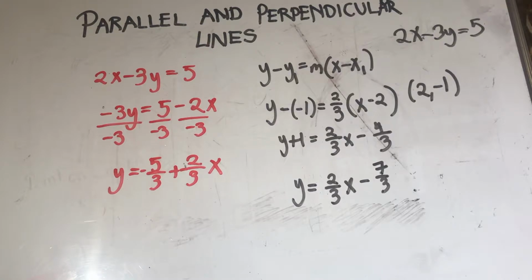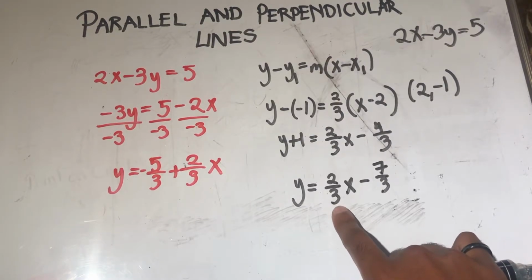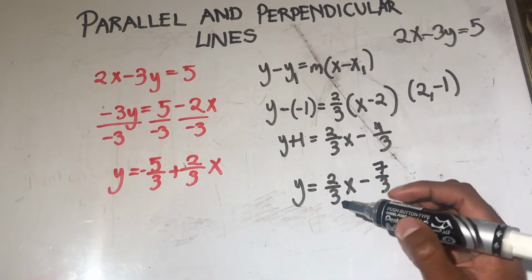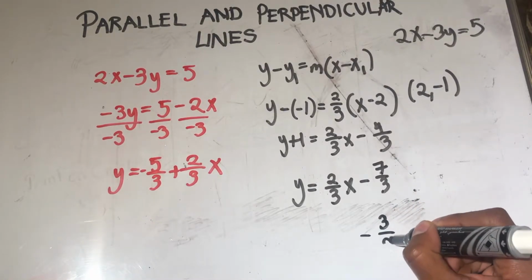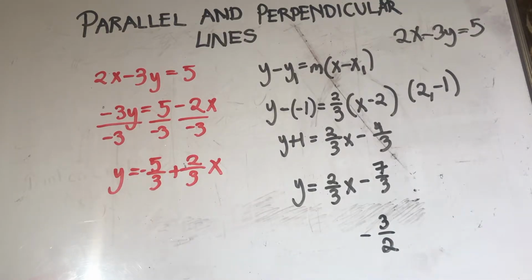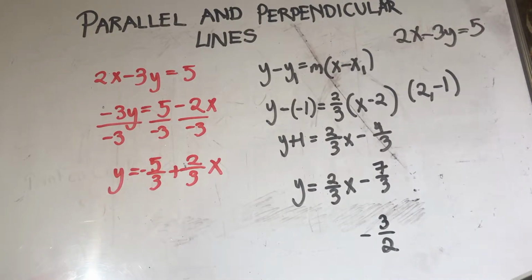Now, any line that is perpendicular to the given line must have the reciprocal slope of this. The reciprocal of this is simply negative 3/2. And we can use the point-slope form again to generate the equation.